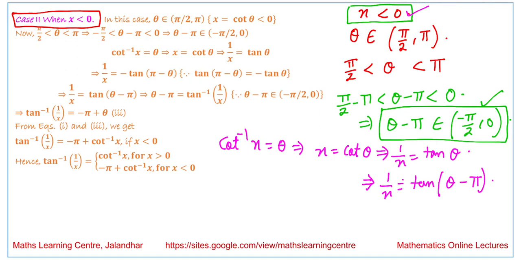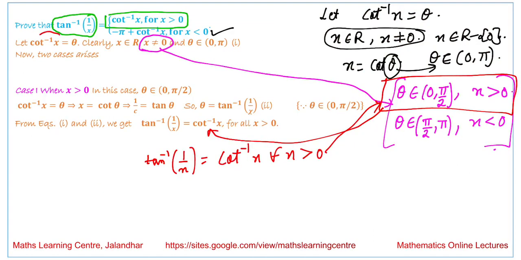We will have a negative sign over here, and this implies that 1 by x is equal to tan of pi minus theta. So from this result we obtain that tan inverse of 1 by x, when x is negative, is equal to pi minus theta.